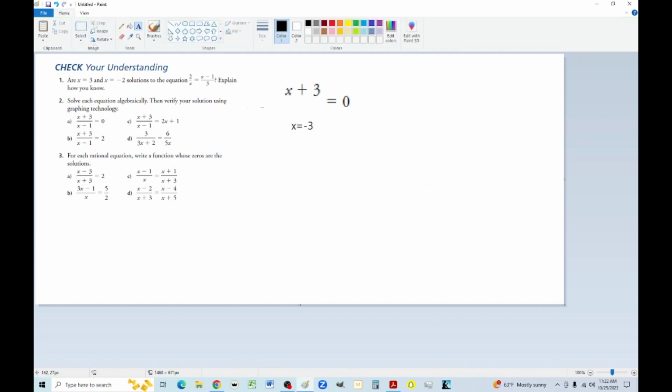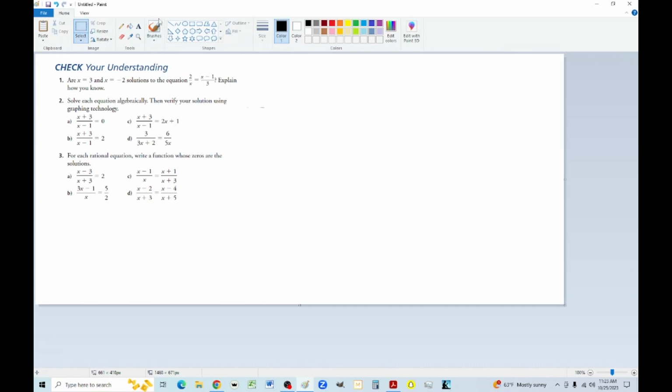Then you can throw it on a graphing calculator and discover that, yeah, there's going to be a vertical asymptote at x is equal to 1. And then way over here at x is equal to minus 3 is the only place that it will cross the x-axis where y is 0. That's essentially what you're proving when you make it equal to 0: where does it cross the x-axis, when y is 0.